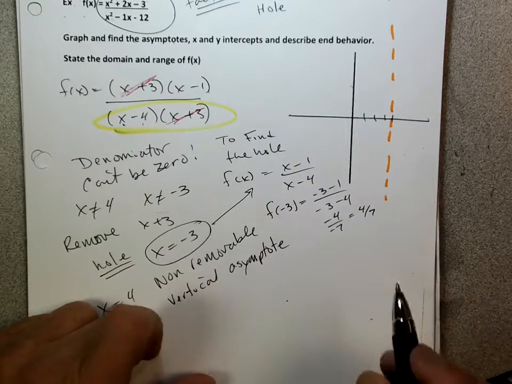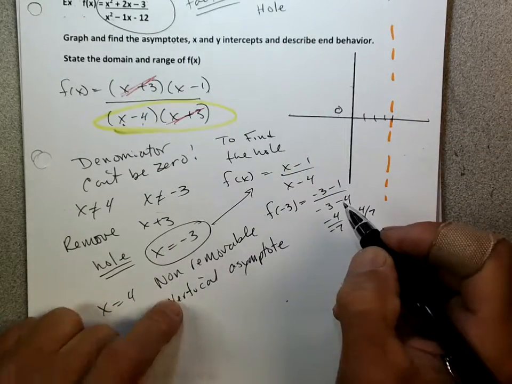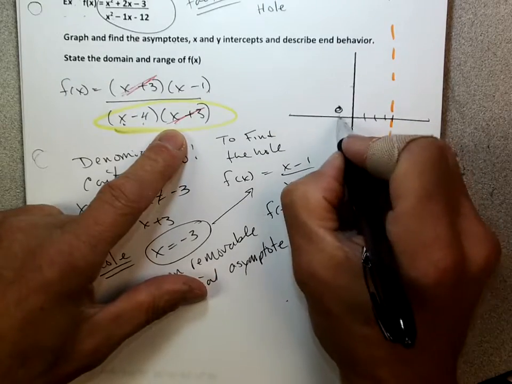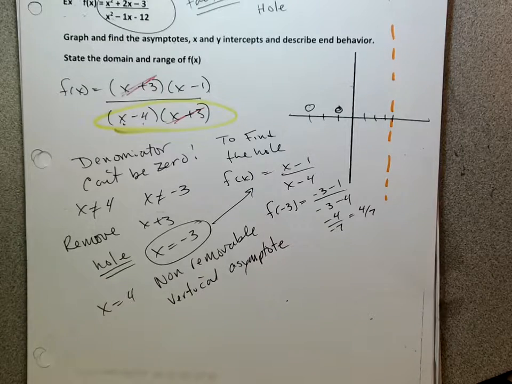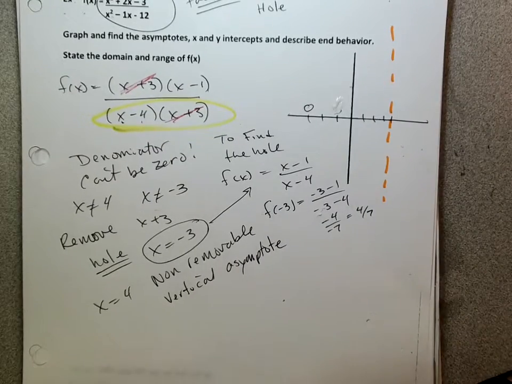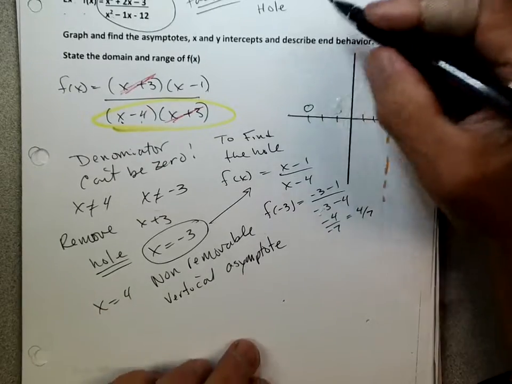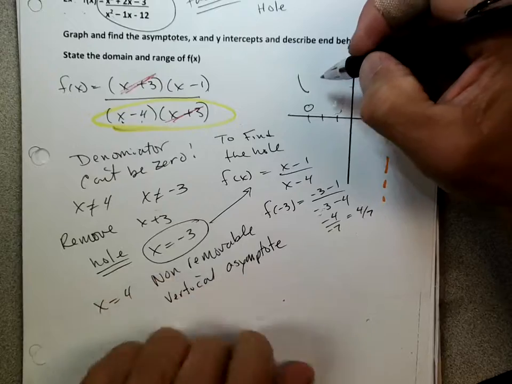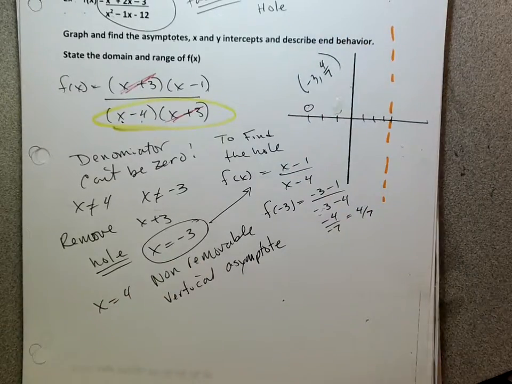So my hole, at negative 3, hold on, 1, 2, 3, is right about here. Let me erase that. So the coordinate of my hole is negative 3, 4/7. That is where my hole is.